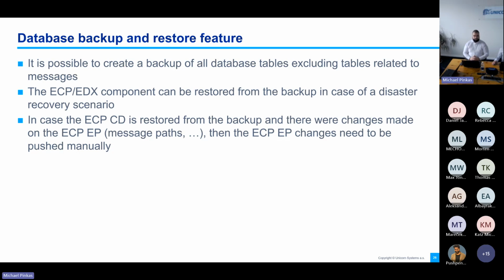To improve this process, there is already an ECCo ticket that will probably be included in the next release, 4.16, that will push the configuration after restoration. But until that is done and implemented, the component directory administrator will have to inform all of the endpoints to push the configuration just to be sure.